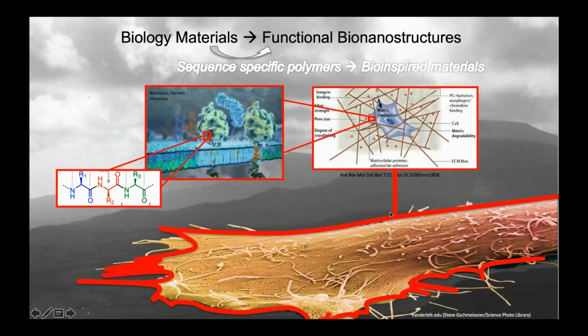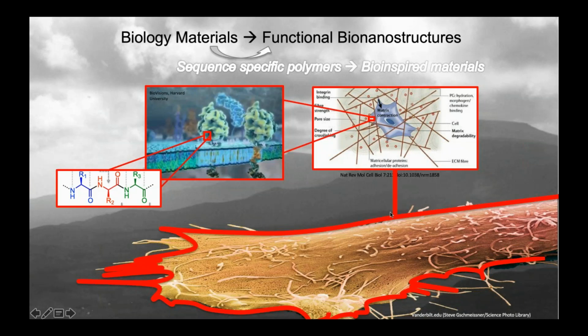And then on the nanoscale, of course, proteins are nanoscale objects. And all of this boils down to having this sequence-specific polymer, which is our peptides, that encode, because of the specific ordering of relatively simple monomers, residues, both biochemical function and structure.